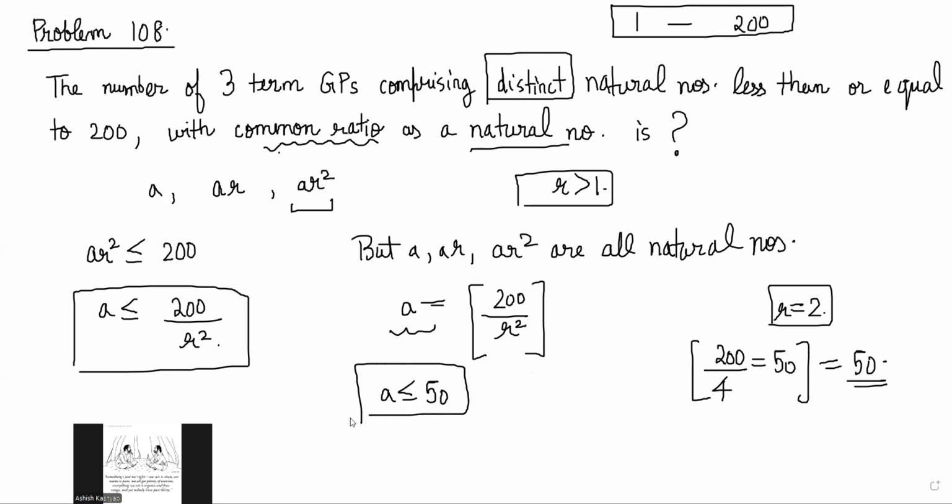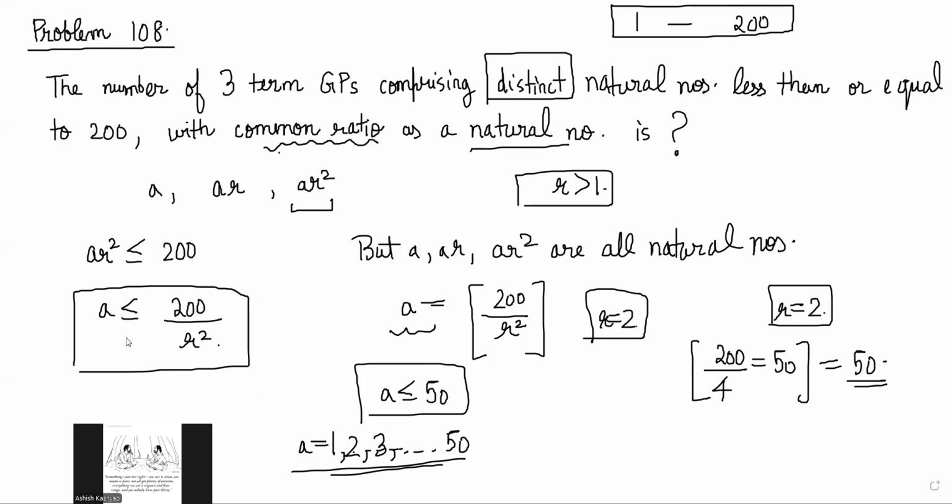So notice that A can be anything less than or equal to 50 in that case, if R was 2. So you would get basically so many possible GPs with R as 2. The GPs could be starting with A equals 1, then 2, then 3, till 50, right? So there are 50 possibilities if you get R is equal to 2.